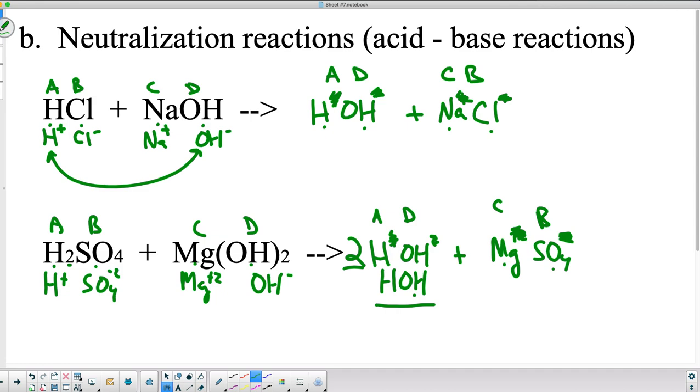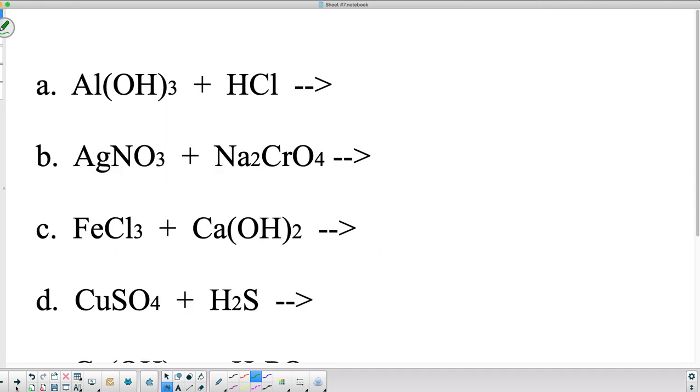Okay, let's take a look at one example of each. So here is A, B, C, and D. So A goes with D on the other side. So this is Al with a +3 and Cl with a -1. Now, do we have a precipitation reaction or do we have a neutralization reaction is the question.